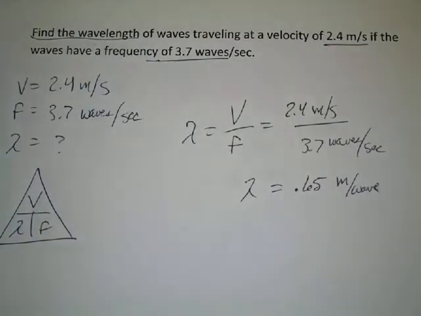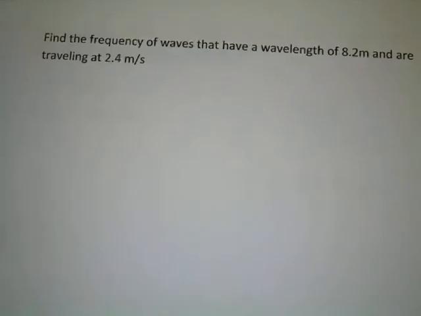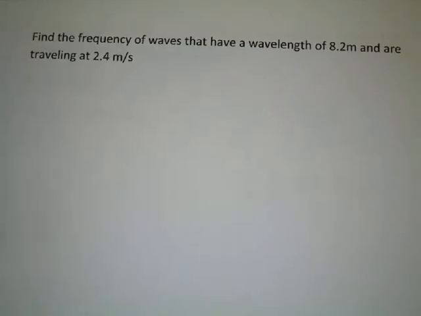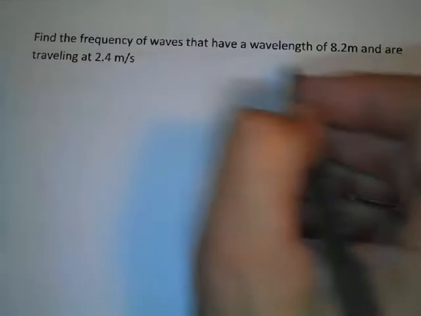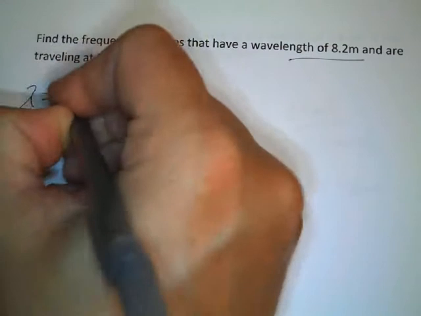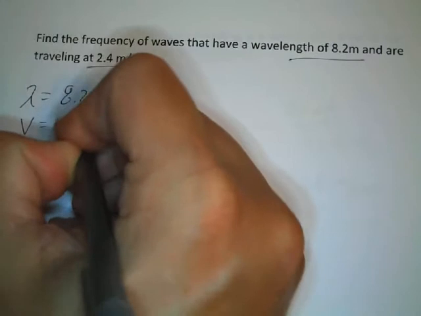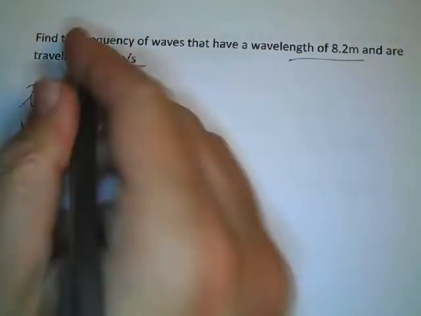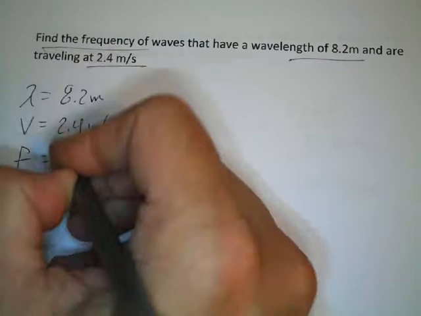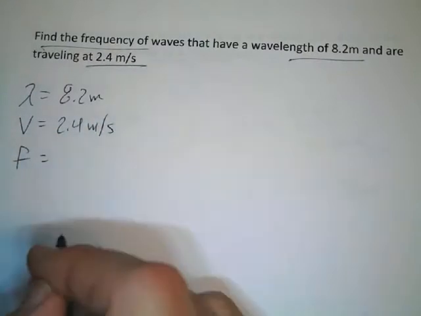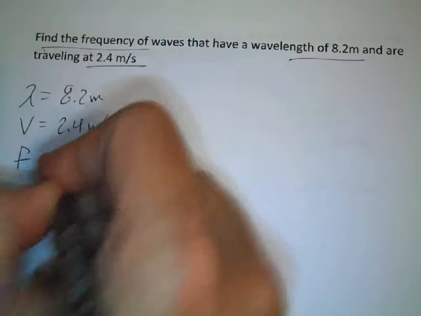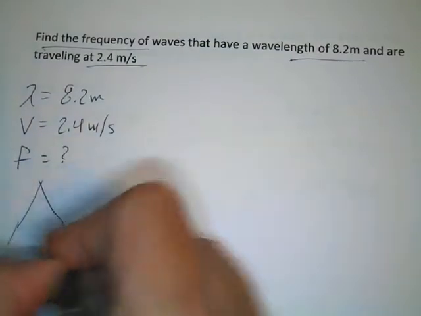Next, find the frequency of waves that have a wavelength of 0.2 meters and are traveling at 2.4 meters per second. So I have a lambda here of 0.2 meters, and I have a velocity of 2.4 meters per second. Since I'm finding frequency, I'm again using that first equation. So my triangle, I'm trying to find frequency.